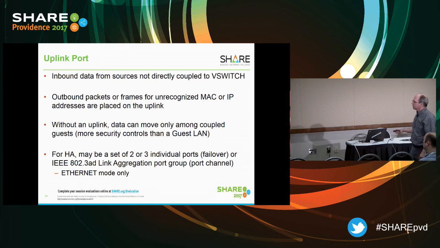Link aggregation is the best practice. It's the standard way for switches to communicate with each other, through a link aggregation port group, also called a port channel. It's available in Ethernet mode only, so that's why I'm telling you, don't use the IP mode of a virtual switch.